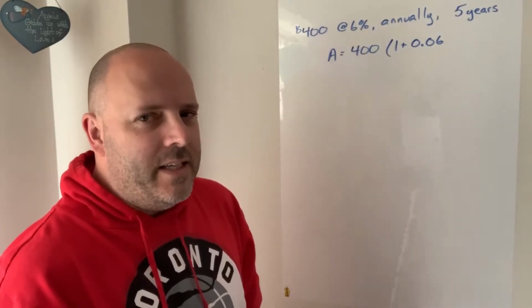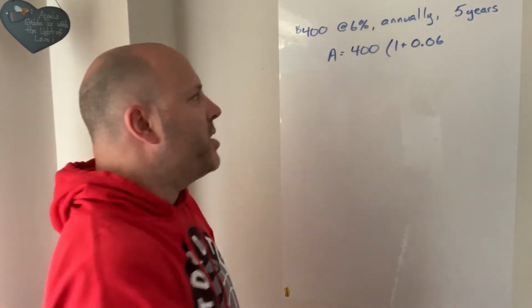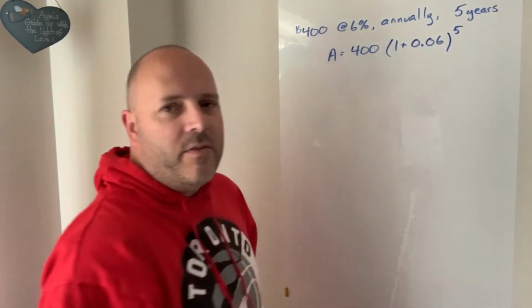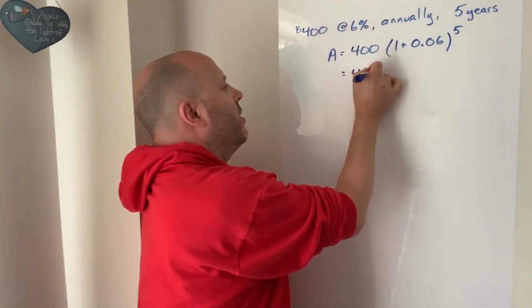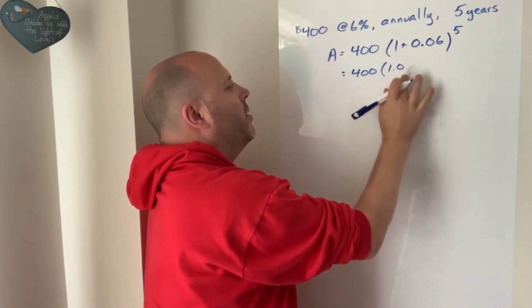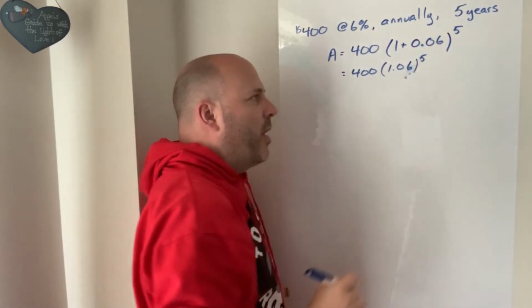That's 60%. We only want 6%, so 0.06, and then raised to the power 5 for 5 years. So that's 400 times 1.06, just added those two together, to the power 5.